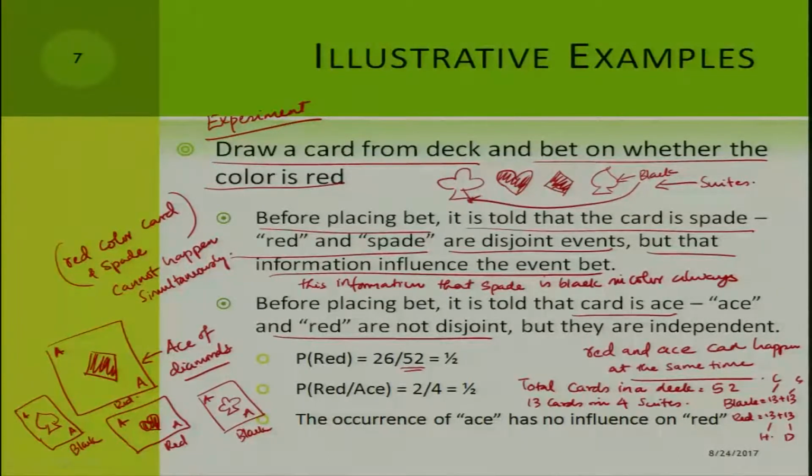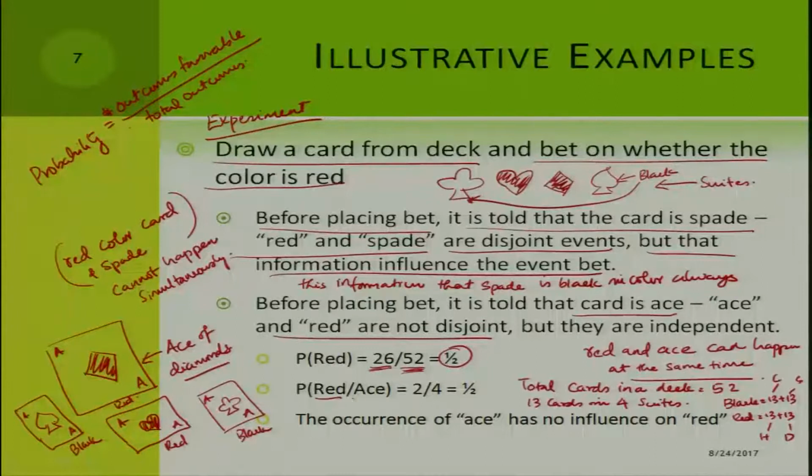So you have 26 cards that belong to the red suits, out of the total 52. The probability is given by the number of favorable outcomes divided by total outcomes. So, following that formula, there are 26 favorable outcomes for getting a red card, out of a total of 52 cards. So you get the probability of 1 over 2.